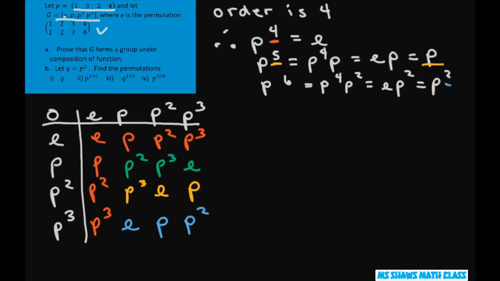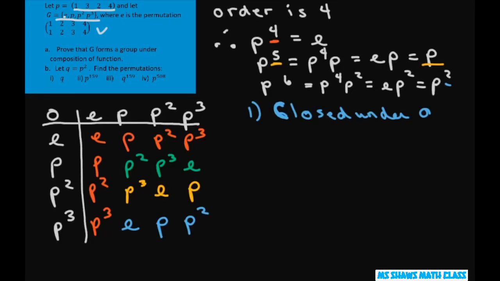So we have to prove that it's a group under composition of functions. First, we have no new elements in our table, so all elements in the table are in G, so it's closed under the operation, and that's composition.